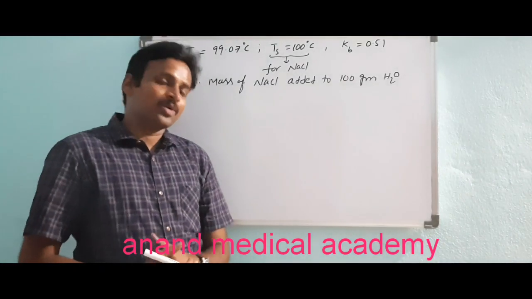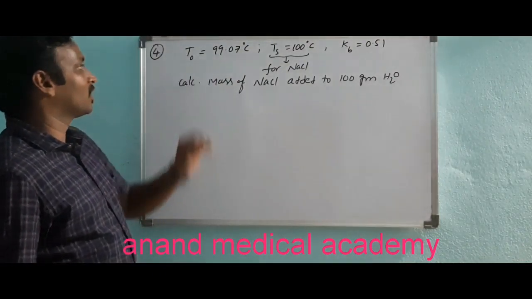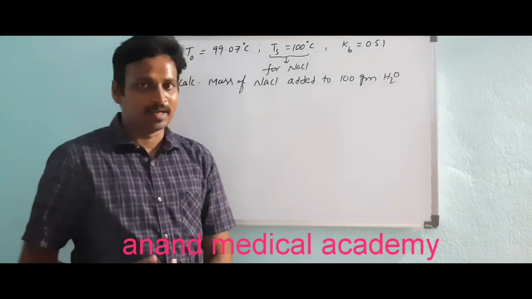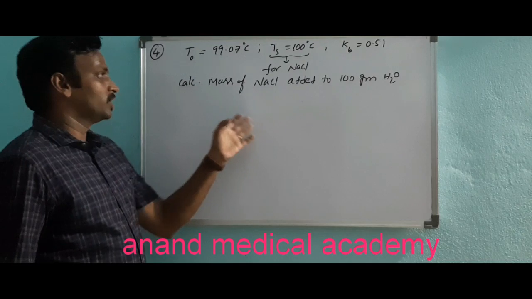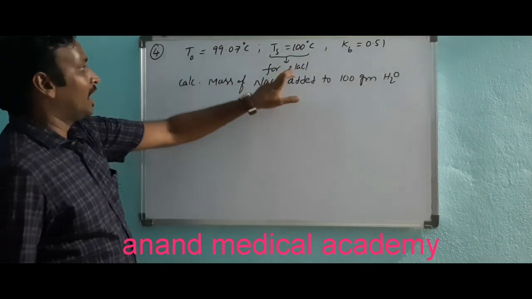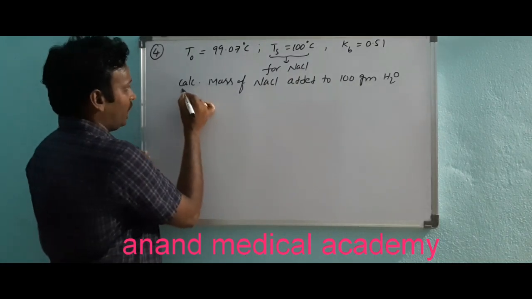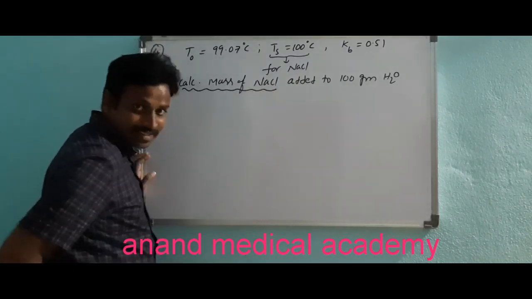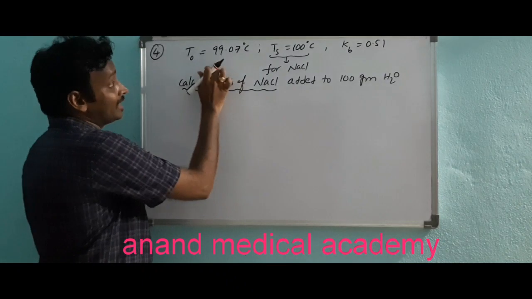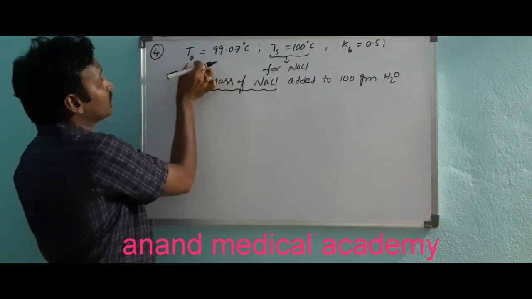Let's see our next numerical based on elevation in boiling point. I am giving you here also an NaCl solution, but you must find the mass of NaCl by providing T0 and Ts. What is T0?